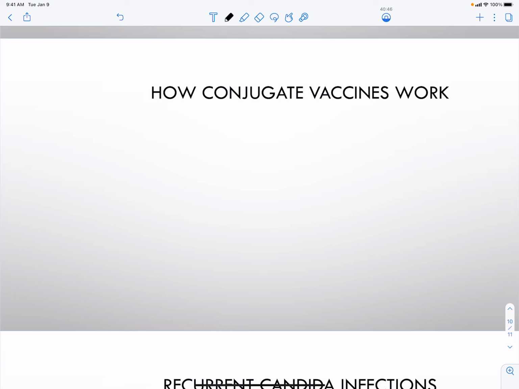Now, I just want to talk about a few other things because we now understand T cell help. And so there are conjugate vaccines, and a conjugate vaccine is basically tricking the immune response. So I already told you that a B cell will be able to pick up antigen that it is specific for and present it to a T cell. So there are a few things you need to know.